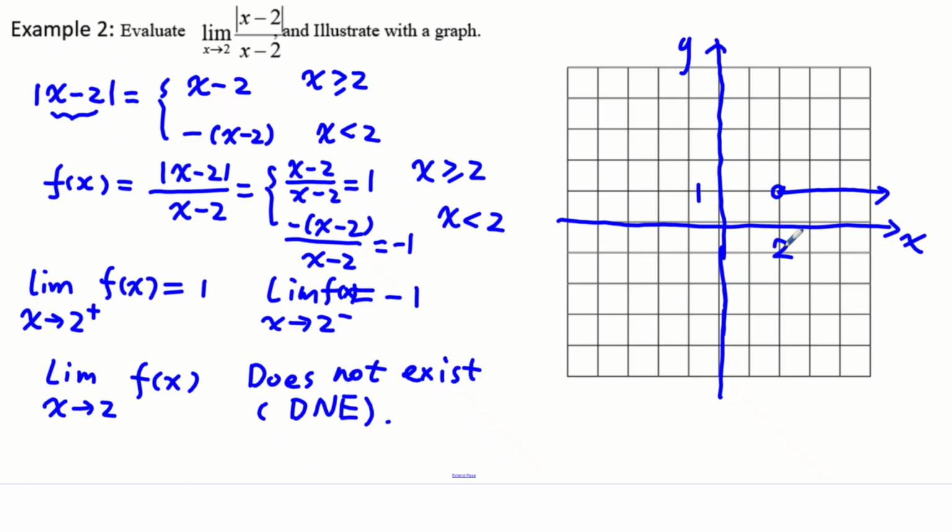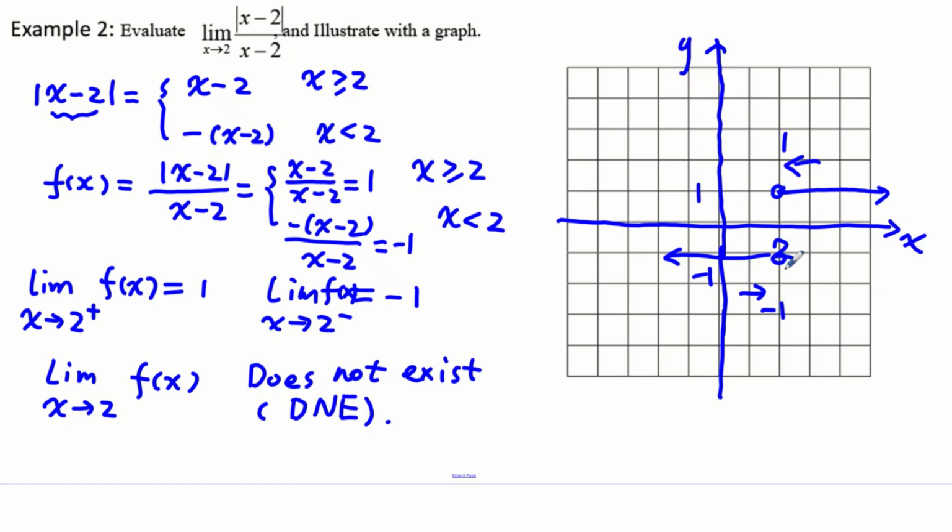And when x is less than 2, it will give you negative 1. And you will see the limit of the function f of x from the right side approaches 1, from the left side approaches negative 1, and they are not equal. So that illustrates when the limit doesn't exist. If they are equal, then it exists.